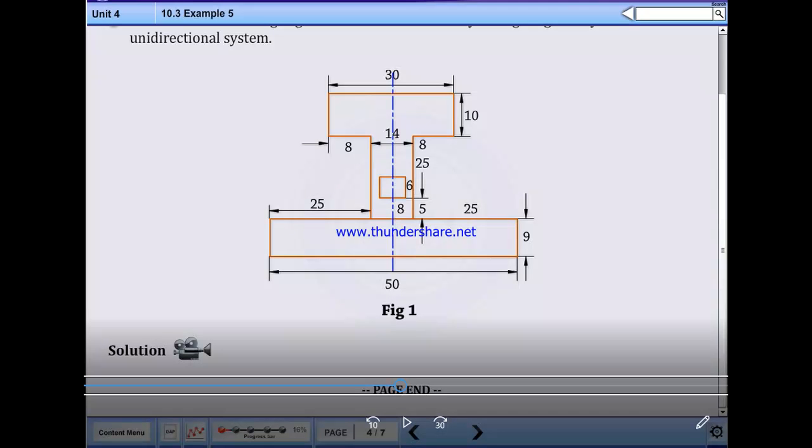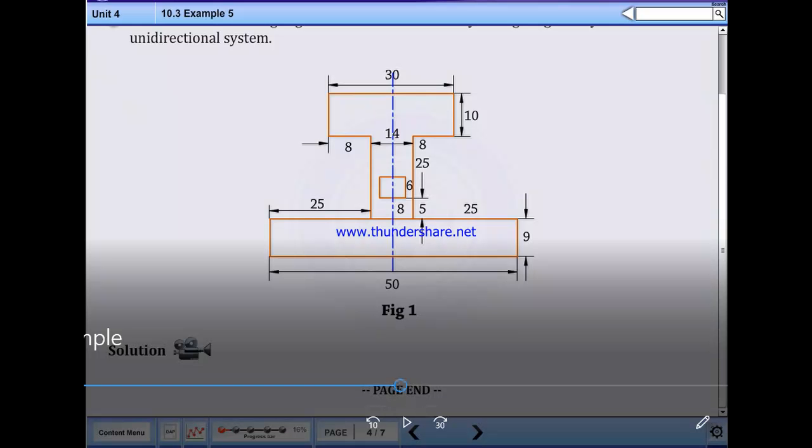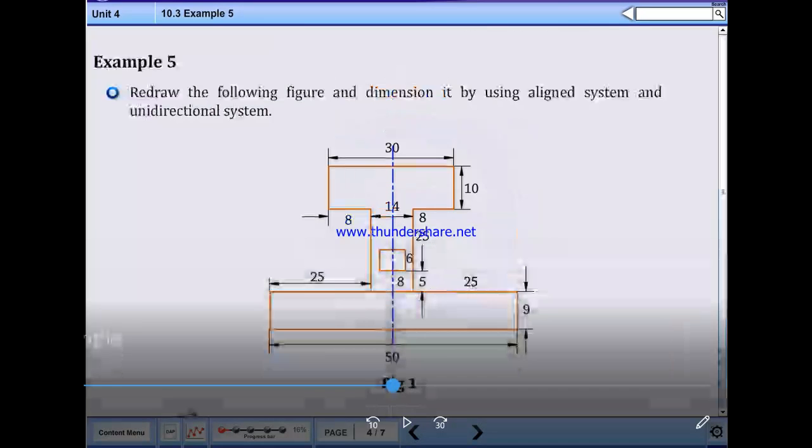Example 5. So note down this. Redraw the following figure and dimension it by using aligned system and unidirectional system. First note down and then redraw.